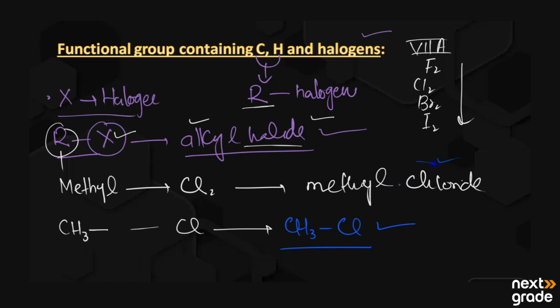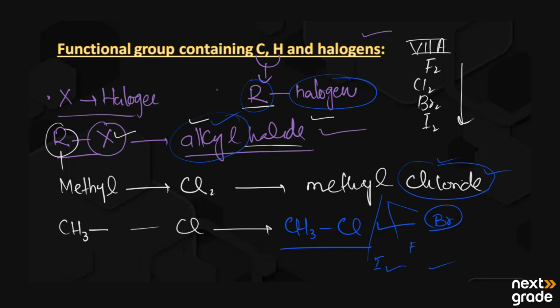By changing the chloride to bromide, its name will be methyl bromide. If we have fluoride, then methyl fluoride. And if we have iodine, then its name will be methyl iodide. So this type of functional group we call alkyl halides. The word halides comes from the halogens, and the alkyl is the simple hydrocarbon part.